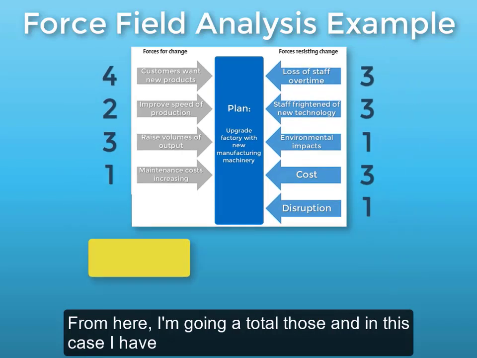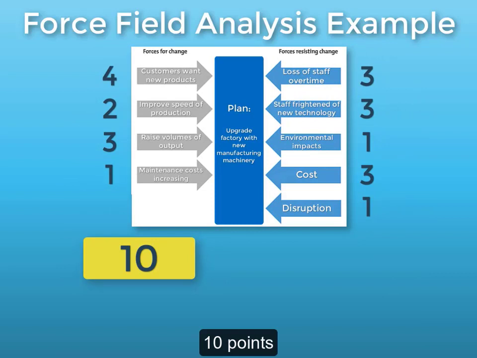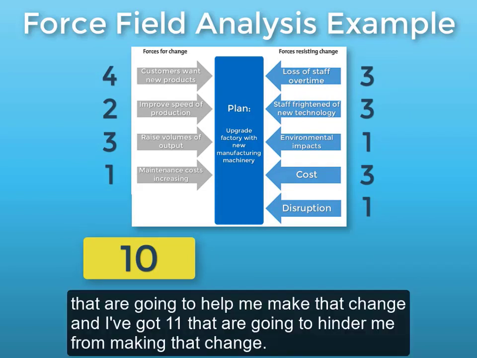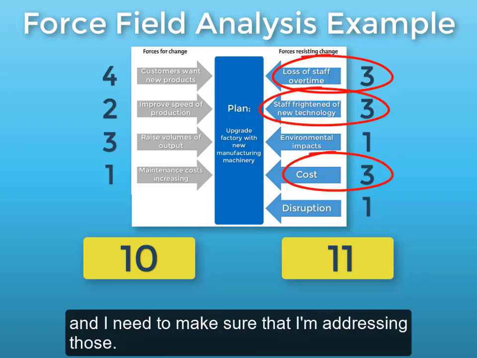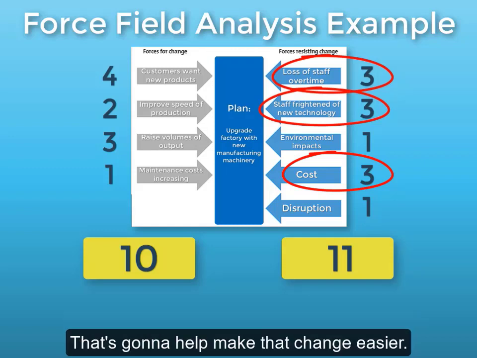And in this case, I have 10 points that are going to help me make that change, and I've got 11 that are going to hinder me from making that change. So I really need to go through and determine those big hitters that are going to prevent me from making that change, and I need to make sure that I'm addressing those. And that's going to help make that change easier.